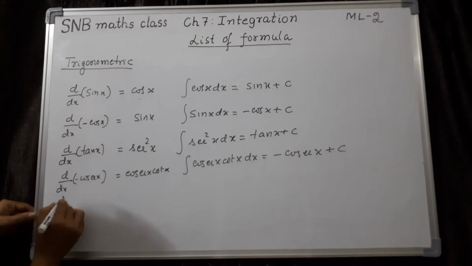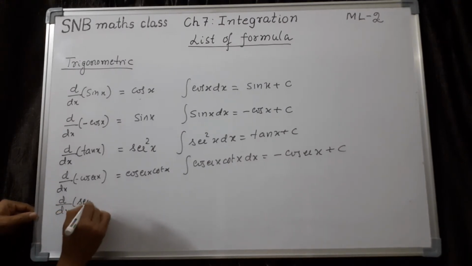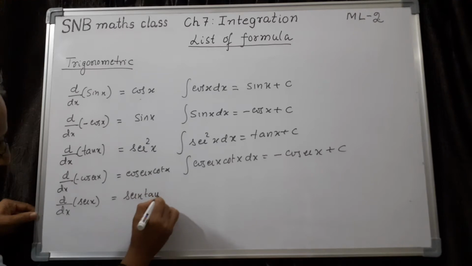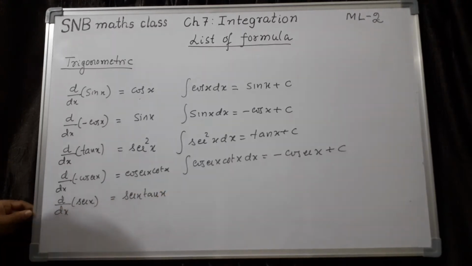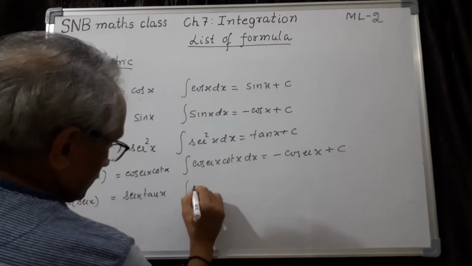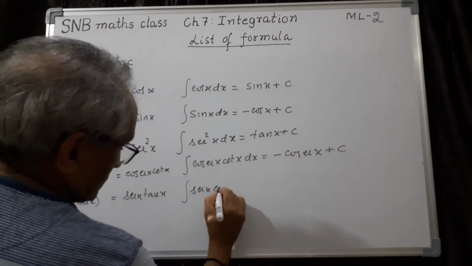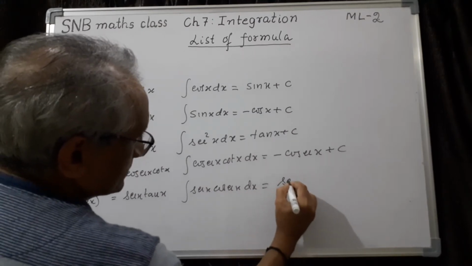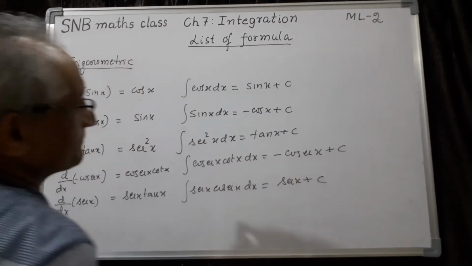And d by dx of secant x is secant x tan x. Here there is no problem. Here also plus, here also plus. When plus, there is no problem. So therefore, integration of secant x tan x dx will be equal to secant x plus c.